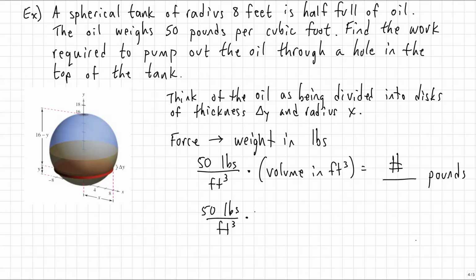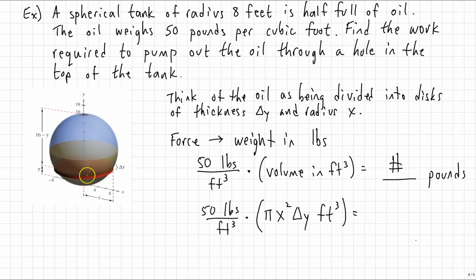And the volume, well, let's see. The area of a circle would be pi radius squared times the thickness, in cubic feet.